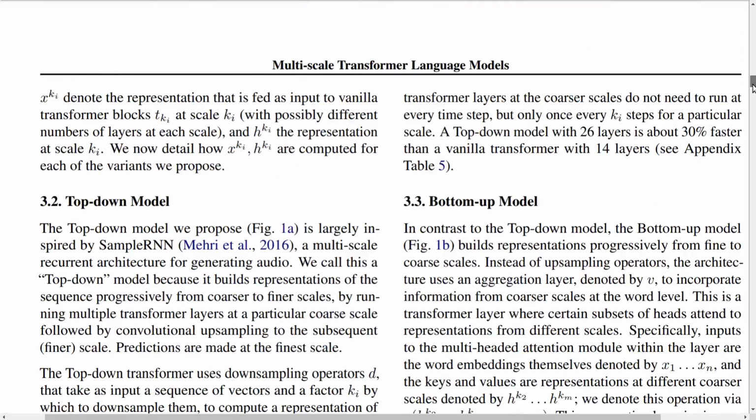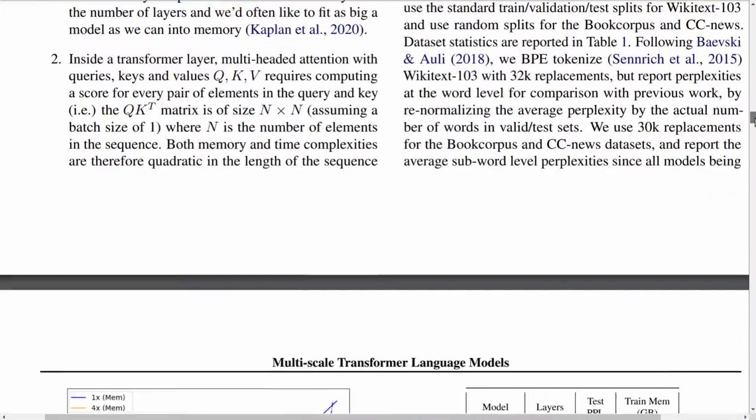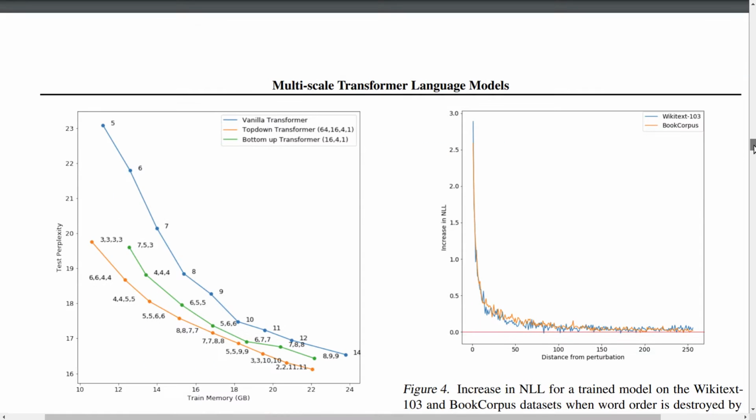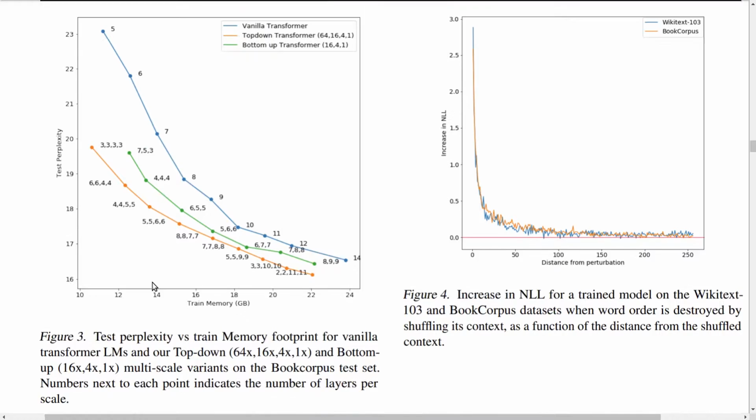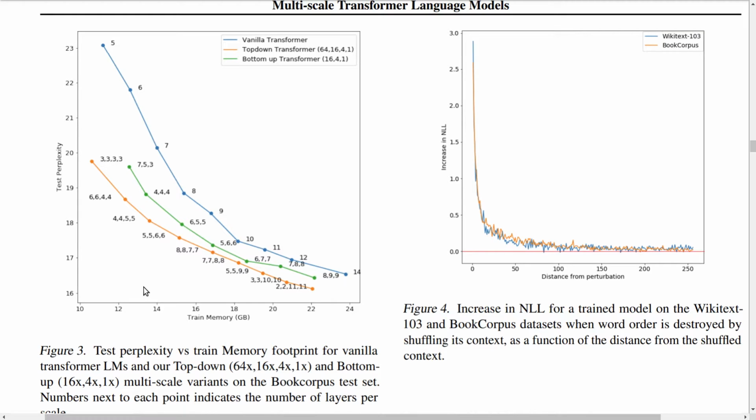So I hope this gives you some overview of these different architectures. So now let's look at some results of these different multiscale language models. This figure seems to be the most important, where we are comparing the test perplexity of different models of different sizes of memory footprints, measured in gigabytes stored in disk.